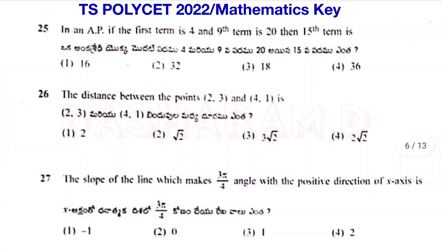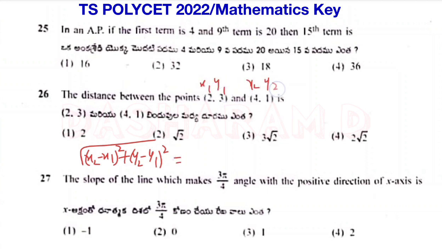Next, question number 26, the distance between the points (2, 3) and (4, 1). The distance formula is under root (x2 minus x1) whole square plus (y2 minus y1) whole square. This is x1, this is y1, this is x2, this is y2.